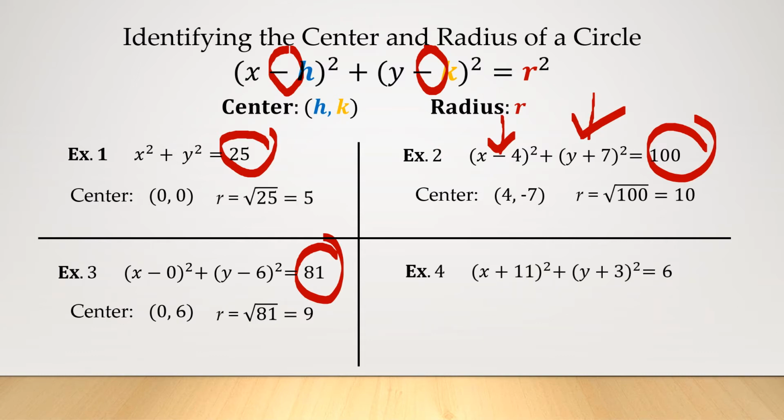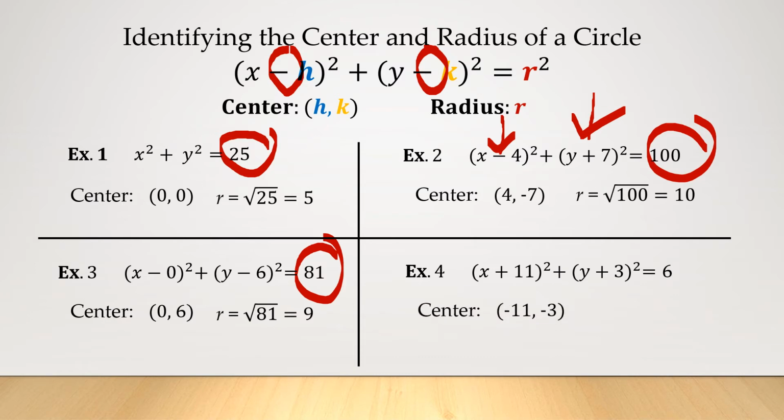Now in the last example, we see inside of our parentheses an operation that is plus. But notice in the form, they're both minus. So anytime there is a plus inside of the parentheses, then our coordinates or our center is going to be a negative and a negative.